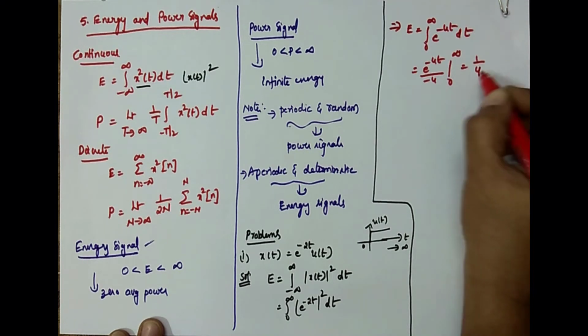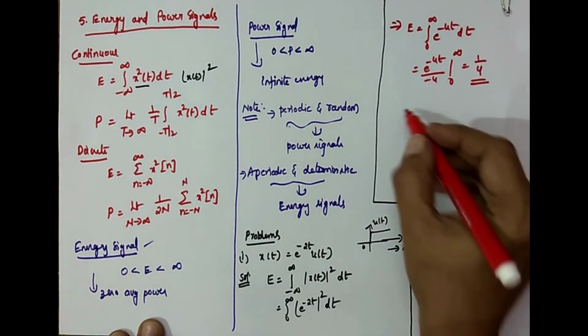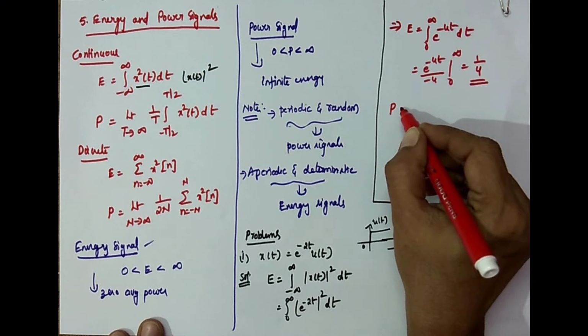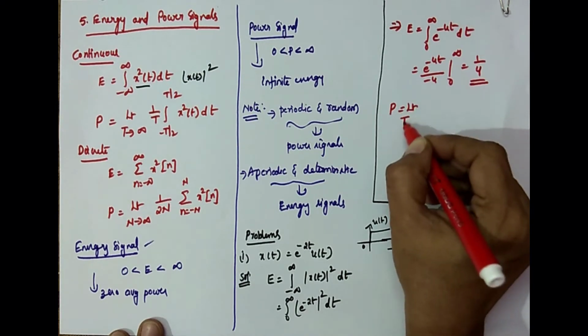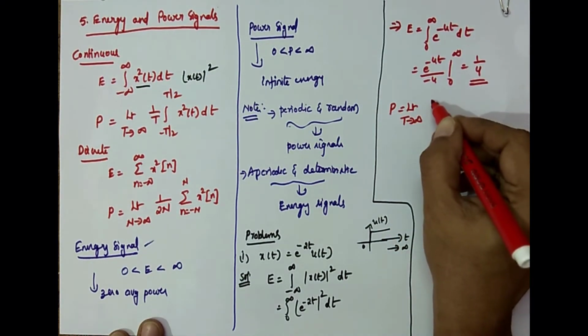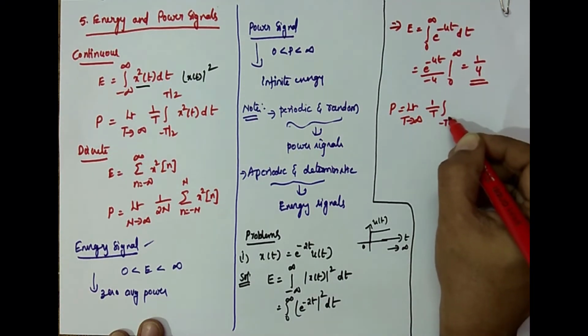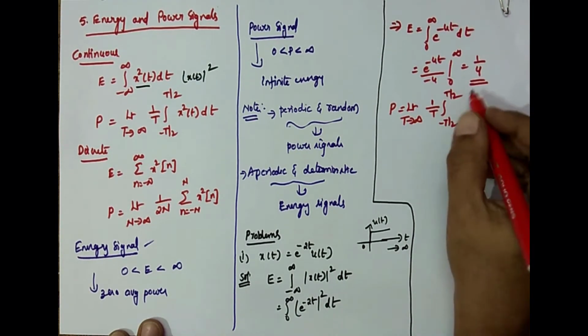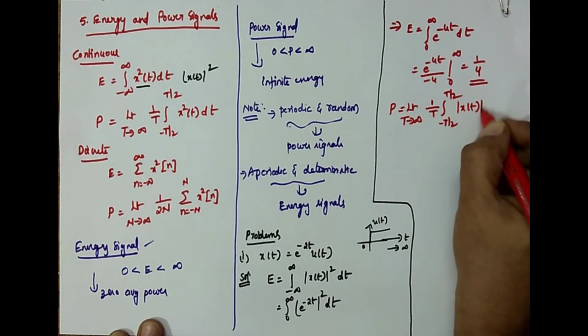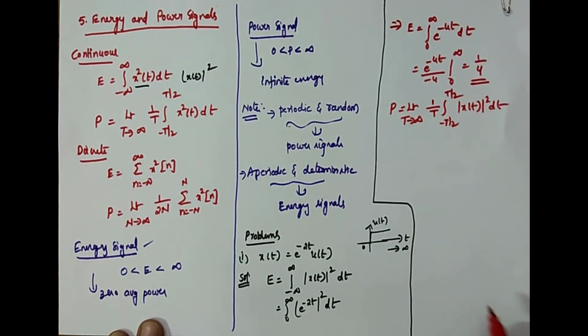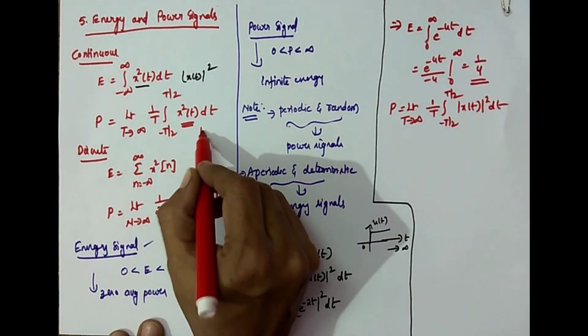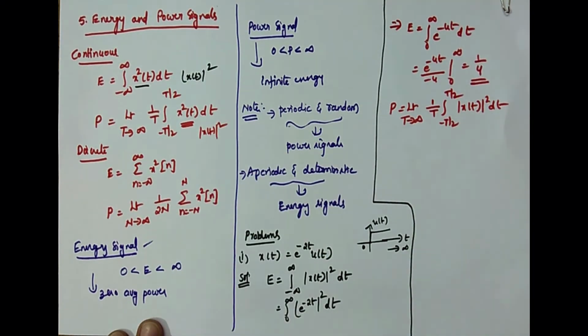You are going to get 1 by 4. So your E is 1 by 4. Similarly, find the power using the formula limit T tends to infinity of 1 by T times the integral from minus T by 2 to T by 2 of mod x of t whole square dt.